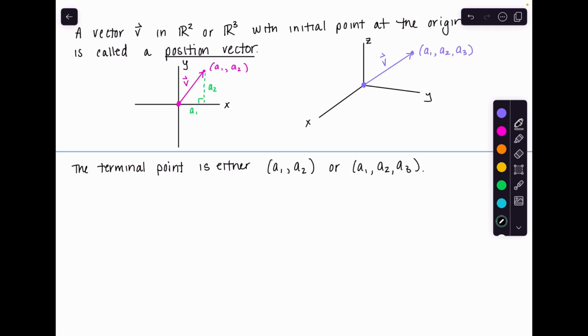And again, because you're starting at the origin, this is exactly how far you're moving in the X, the Y, or the Z component. So these coordinates are called the components of V.